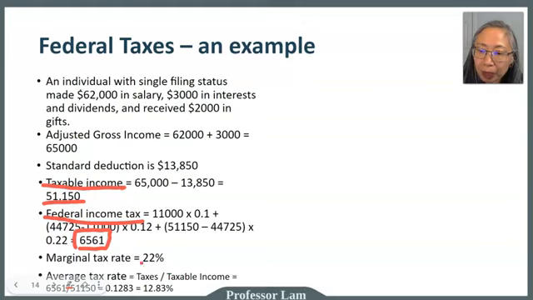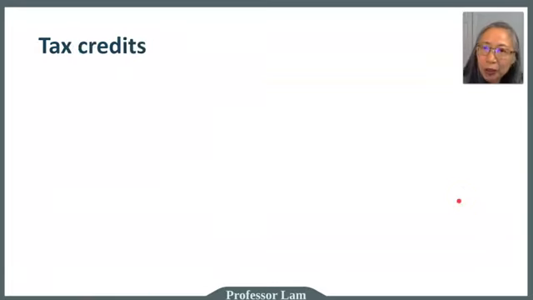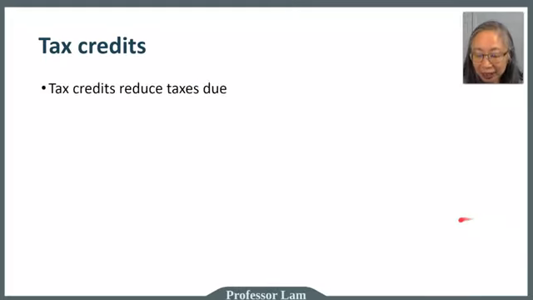So even though your marginal tax rate is 22%, you do not pay 22% on the entire $51,150. You pay different tax rate for each bracket. So on average, you pay 12.83% on the $51,150. Before you pay tax, you should also determine whether or not you qualify for any tax credit. Tax credit reduces the amount of tax that you have to pay.